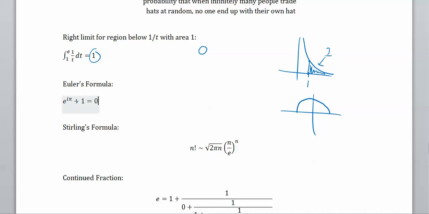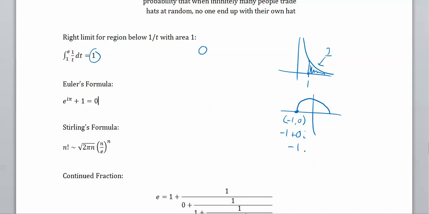If the angle is pi, that's 180 degrees, so you stop over here, and that is the point (-1, 0), meaning -1 plus 0 times i, and that's just -1. So e to the i pi is -1. If you add 1 to that, you get 0.